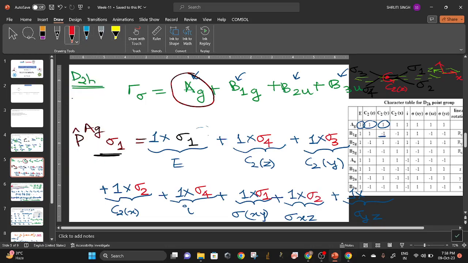And then sigma yz gives sigma 3. Very good. So you see every term is coming twice: sigma 1, sigma 1; sigma 2, sigma 2; sigma 3, sigma 3; sigma 4, sigma 4.